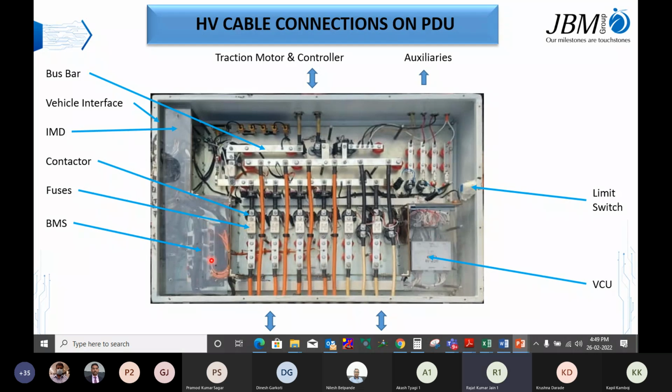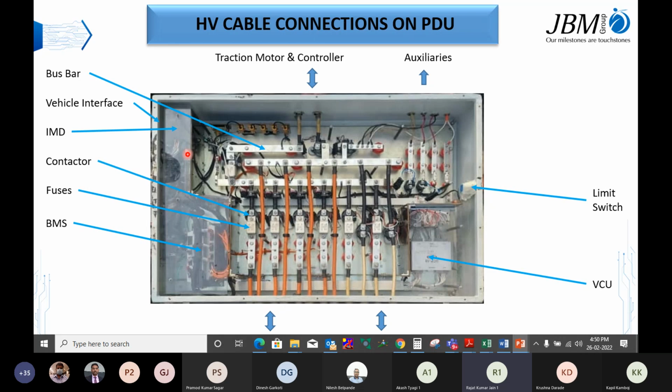The BMS communicates with all the battery strings and also with this VCU to properly channel the power flow. We also have an insulation measuring device, which is used to measure the integrity of insulation, so that no high voltage bus bar, cable, or component gets shorted to the vehicle chassis, for the positive supply and also for the negative supply.